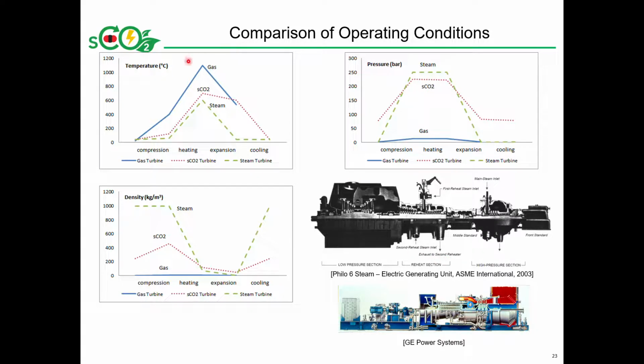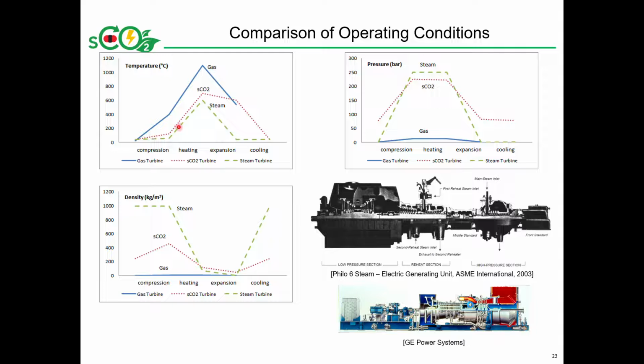So we have plots showing temperature, pressure, and density of the working fluid passing through the cycle. We see that the gas turbine has the highest maximum temperature in the cycle, and that in the open cycle arrangement anyway, it doesn't have a cooling section. Rather, the exhaust gas is just exhausted into the atmosphere.